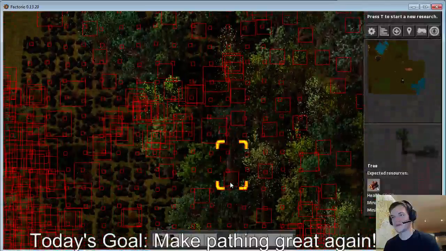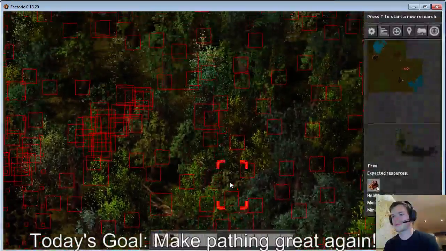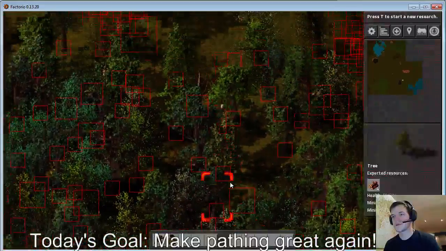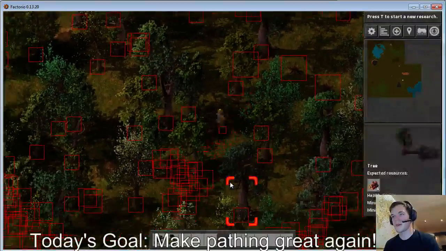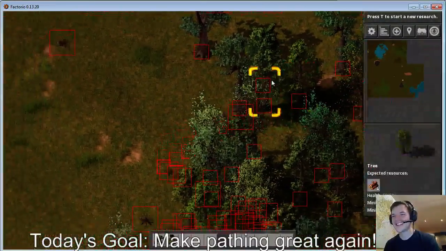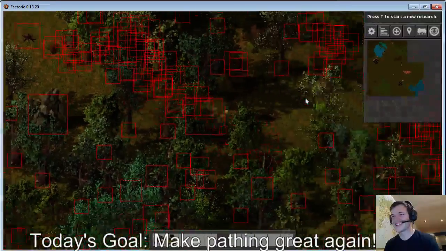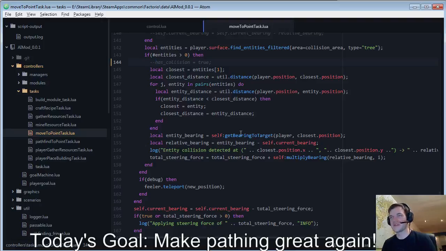I mean, he's doing truly an outstanding job. He's trying. He's really trying. I think his target is in here in the middle and he just can't get there. And he's stuck.